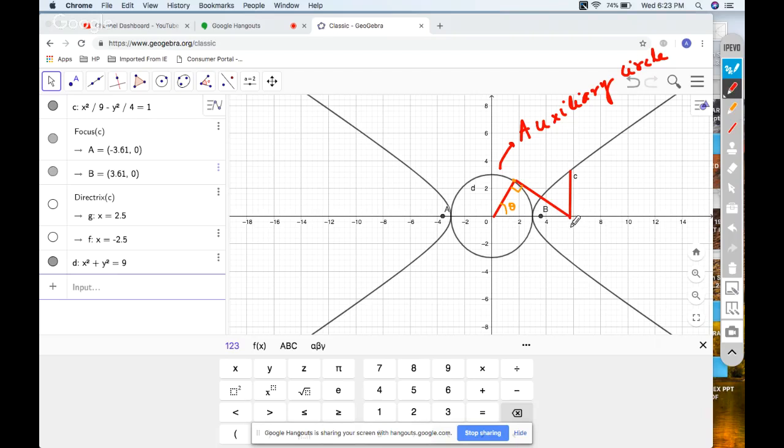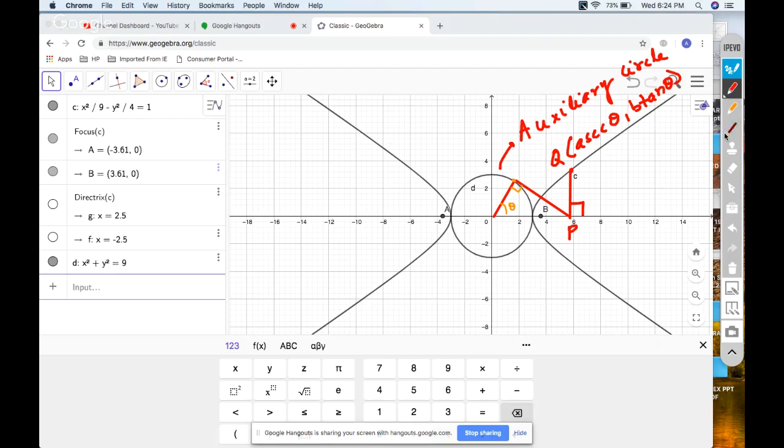Let's say this point is the point P. From this point, I took a perpendicular up to cut the hyperbola at, let's say, point Q. Then we say that the coordinates of Q will be a sec theta comma b tan theta. So this is how this angle theta is related to this point Q.